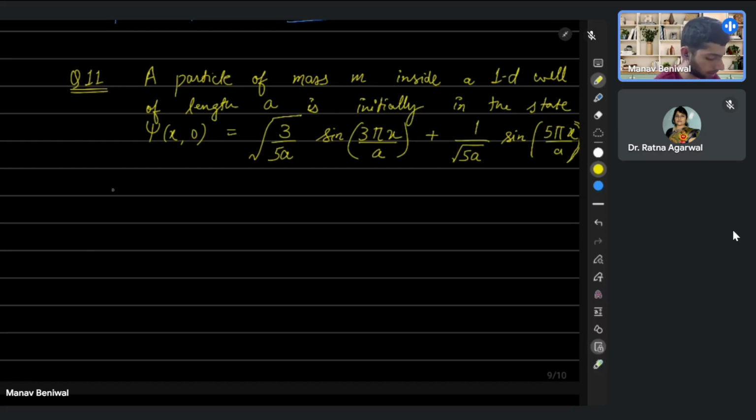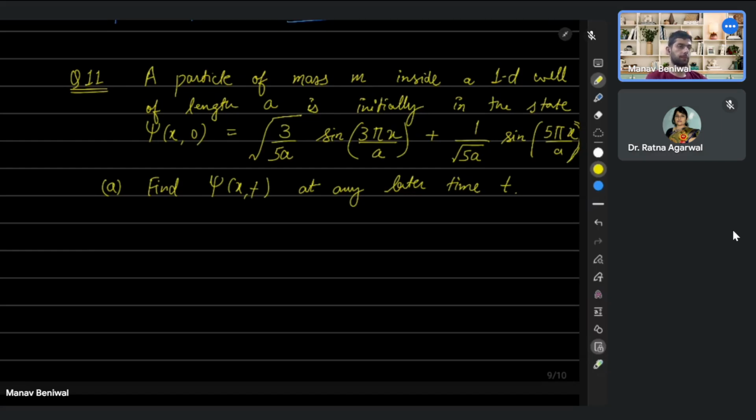Okay, and the problem is, find psi x t at any later time t. Okay, so we are given the wave function at time t equals 0, and we want to find the wave function at any general time t.